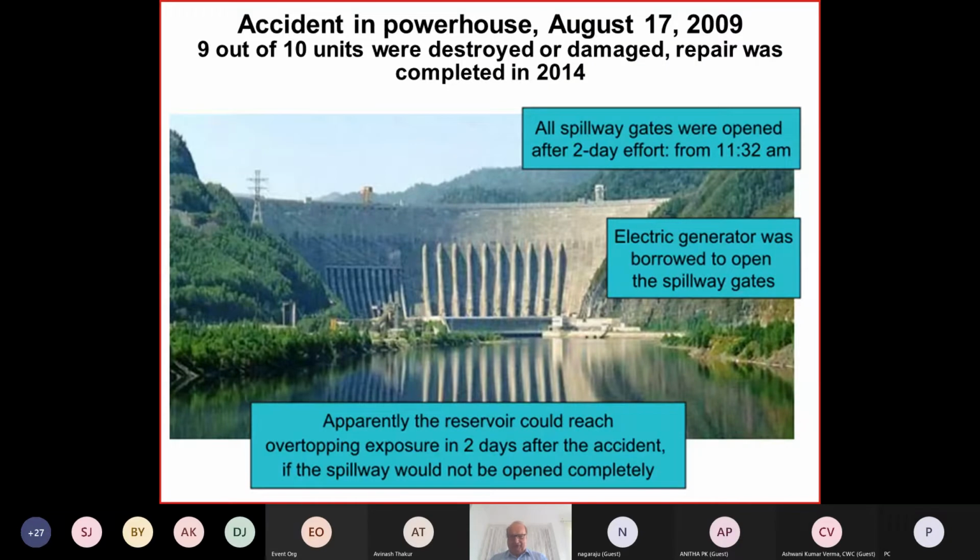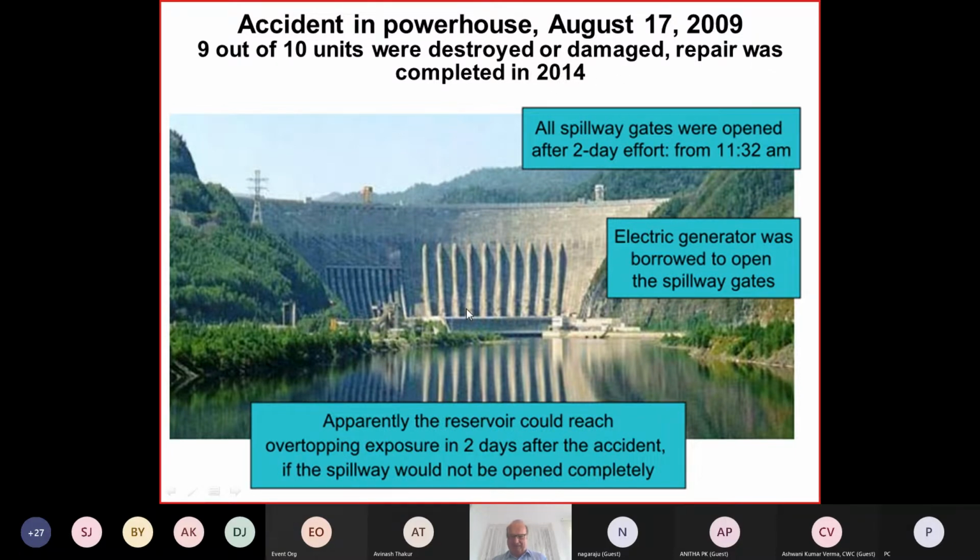It's a bigger river. Okay, there was an accident in 2009 here, and in this accident, in the powerhouse, 9 out of 10 units were destroyed or damaged, and repair took 5 years.